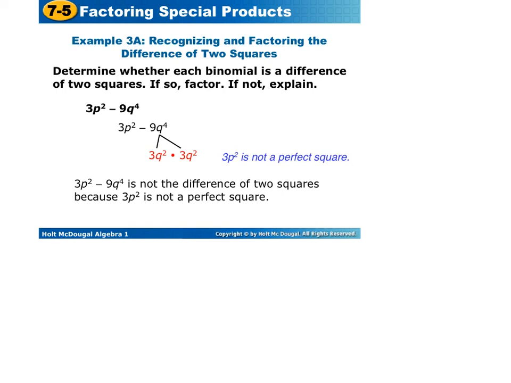No. This one is not the difference of two squares. We're going to learn in lesson 7-6, or actually we already learned, we could factor out a GCF. What's the GCF that we could pull out of this one? 3. So we can't turn it into binomials, but we could divide it by a GCF. So we could factor it in that fashion.